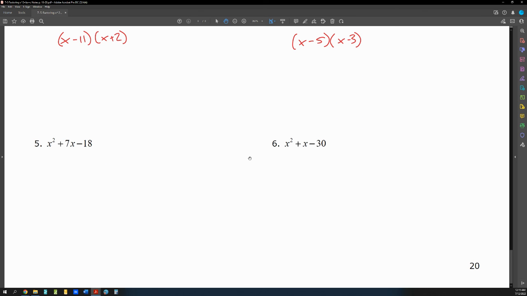So number 5, numbers that multiply to negative 18 that add to 7, positive 9 and negative 2. X plus 9, x minus 2. And finally, numbers that multiply to negative 30 that add to positive 1. The answer, x plus 6 and x minus 5. Positive 6 and negative 5.